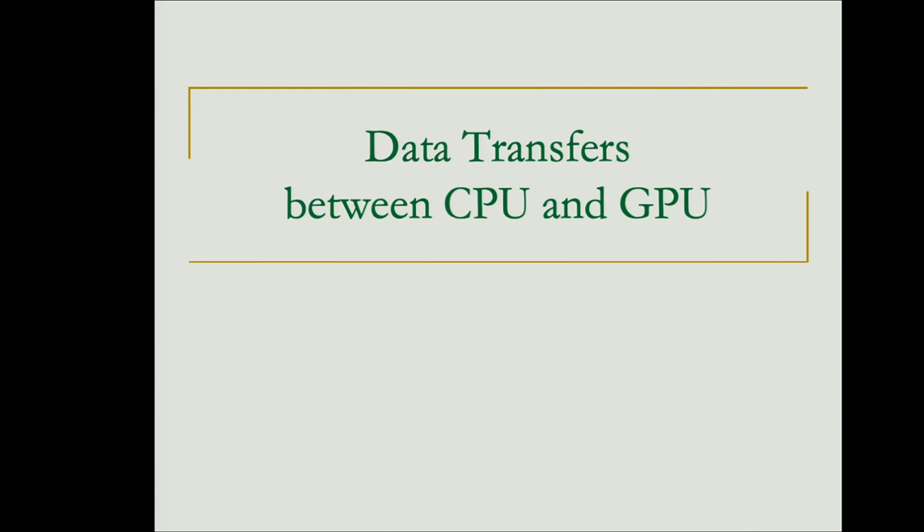Next thing, data transfers between CPU and GPU. Recall that this is one of the main overheads, one of the main bottlenecks, in GPU computation. Why is that? Because typically in the traditional accelerator model, we have the CPU, we have the GPU, and in the middle we have a PCI Express, or NVLink, which can reach up to, I think, 25 gigabytes per second, but this is clearly one order of magnitude lower than accessing the global memory.